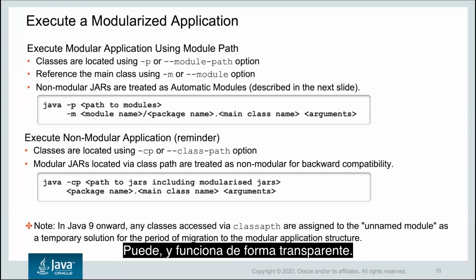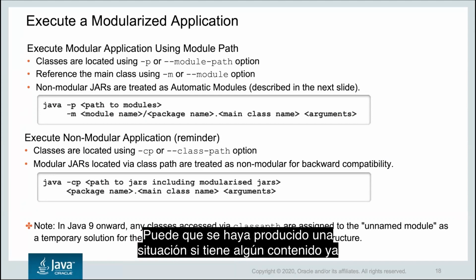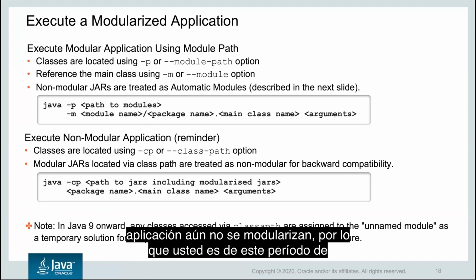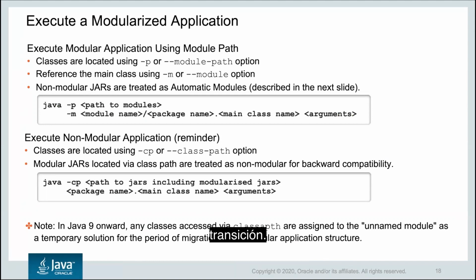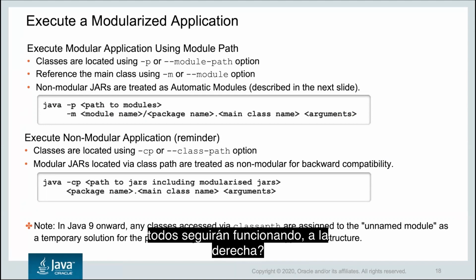Apparently you can, and it works. And this is crucial for backward compatibility. Maybe you've got a situation where some of the contents are already packaged as modules, and some other parts of the application are not yet modularized. So you're in this transition period, and you may just use the modular jar in a class path, and it all will still work, right?